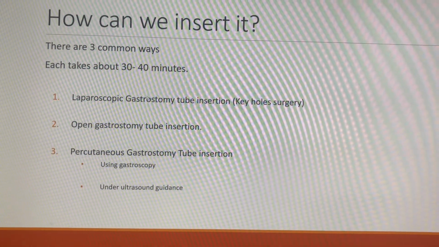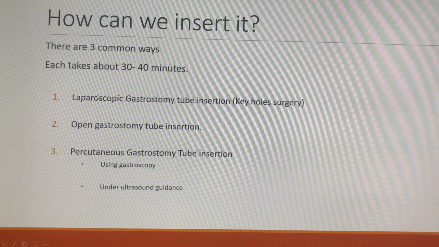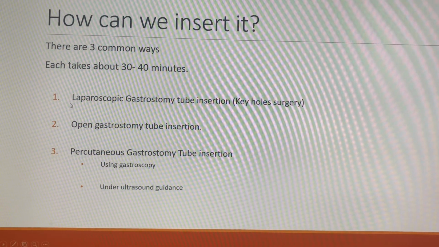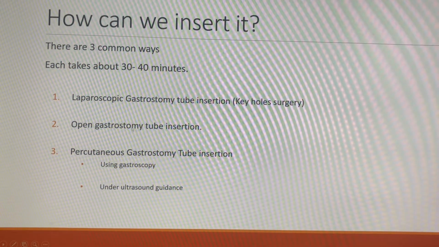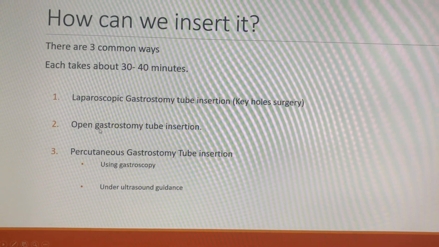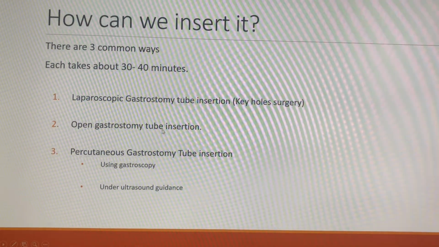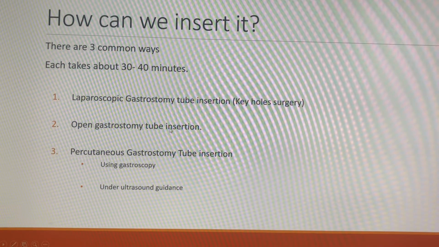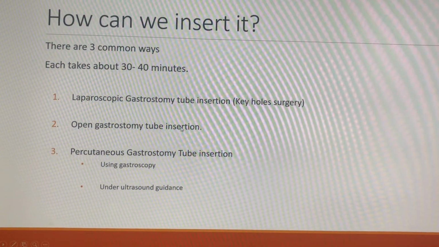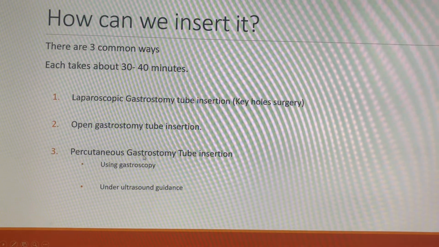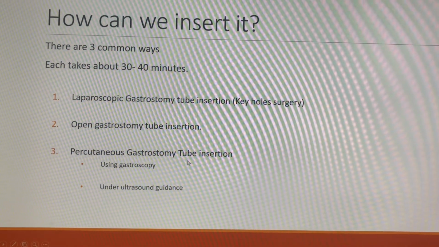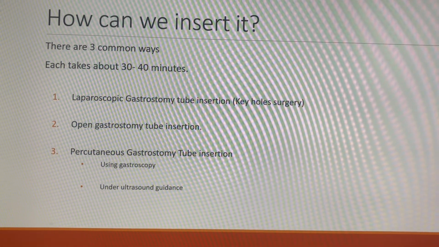How can we insert it? There are 3 common ways of inserting a gastrostomy tube. The first and the most common way is laparoscopic insertion by keyhole surgery. The second way is an open incision, about 4 to 5 centimeters, in the abdominal wall, and inserting the gastrostomy tube into the stomach. The third way is percutaneous insertion by blindly going with a needle into the stomach through the abdominal wall.